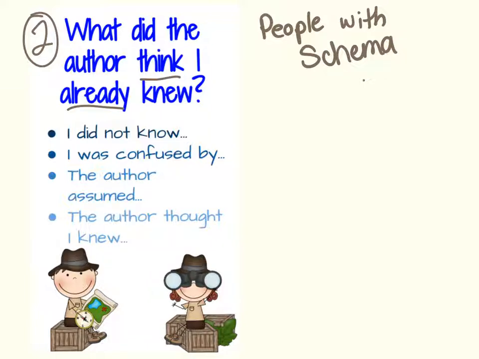But in the case of this article on weightlifting, there's going to be a lot of things that I don't know. And so these thinking stems guide me. I did not know. I was confused by. The author assumed, or the author thought I knew. And this really helps me, especially when I read a little more closely.